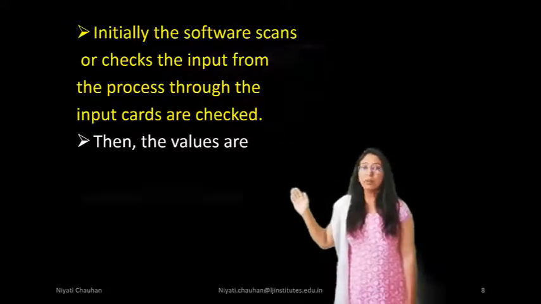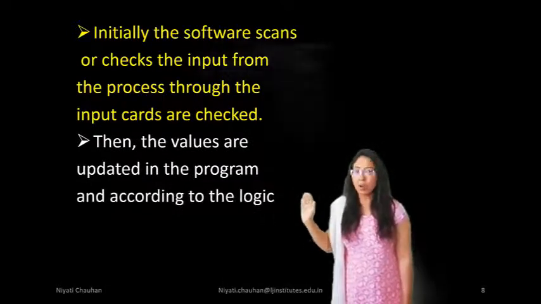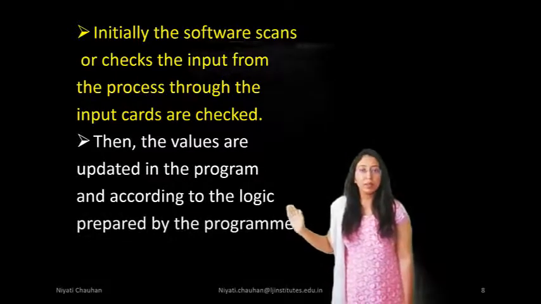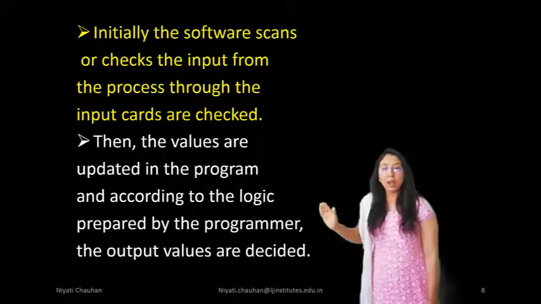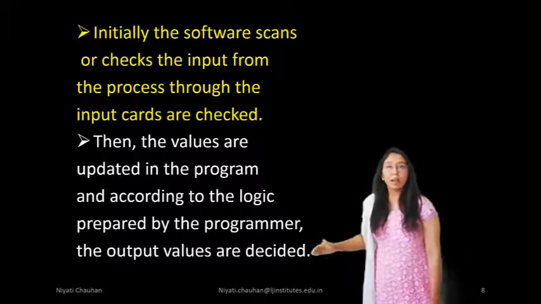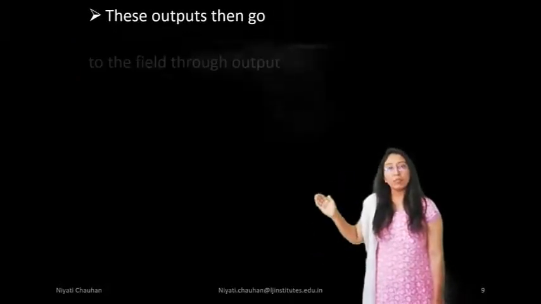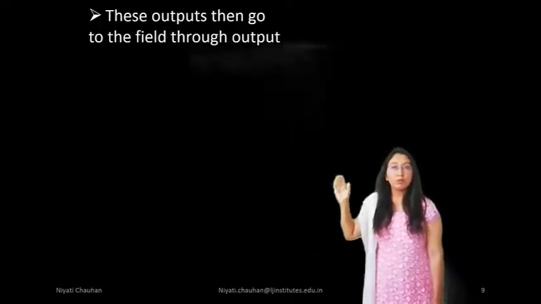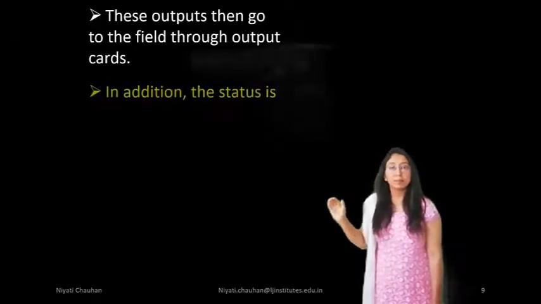Then the values are updated in the program, and according to the logic prepared by the programmer, the output values are decided. These outputs then go to the field through output cards.